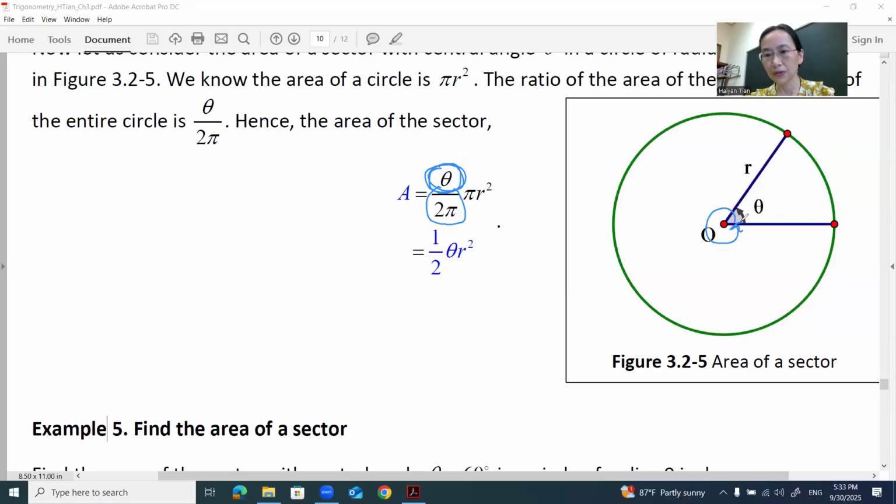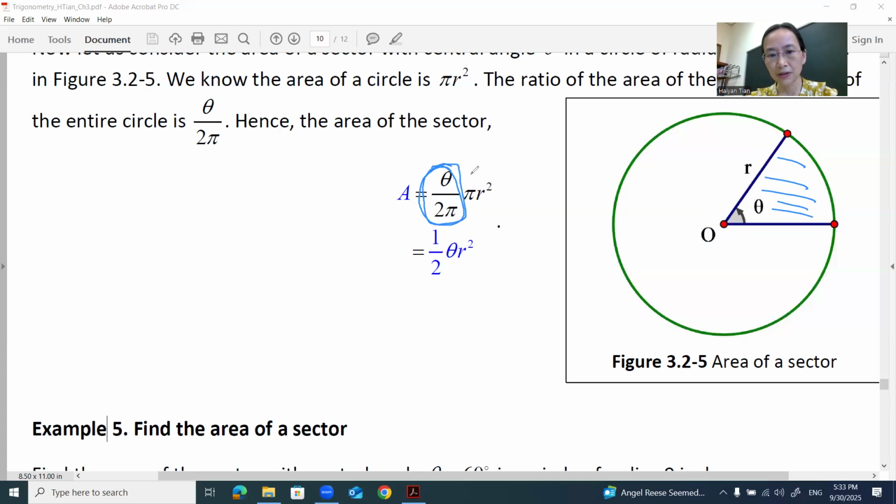So this sector takes only this percent of the whole area.